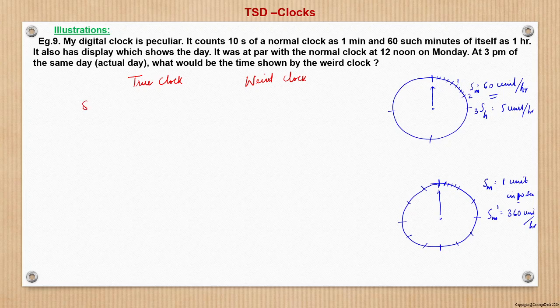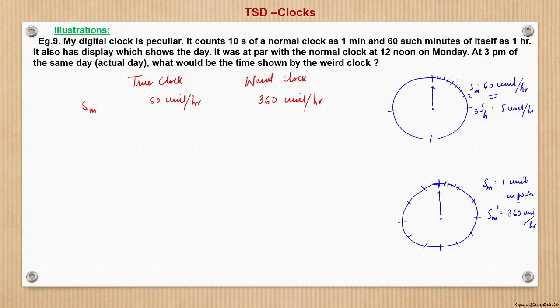Now what is the speed of the minute hand here? We know, 60 units per hour. And the speed of the weird clock we have calculated is 6 times, so 360 units per hour.